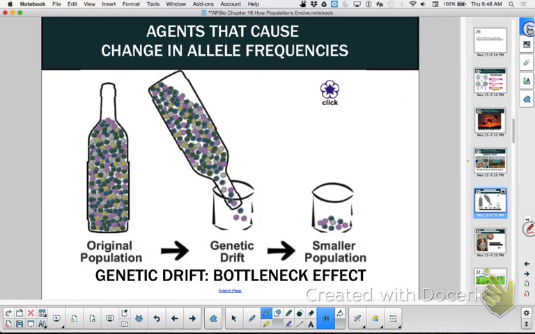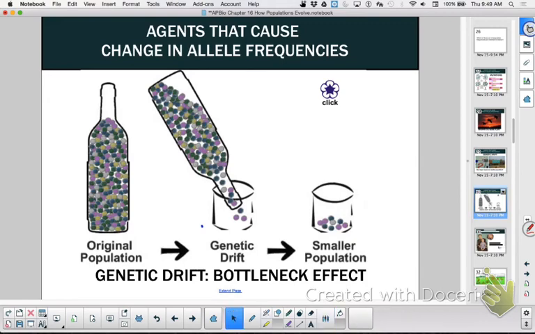Now there's 2 types that you talk about. One is called the bottleneck effect. Now, bottleneck effect, we would think about this really about the freeway. They'll talk about bottleneck effects, right? So if several of the lanes are closed off, only a few can get through. So if you look at this jar right here, there's all different colors, but because of the bottleneck, only a few get through, and that may not represent the total population.